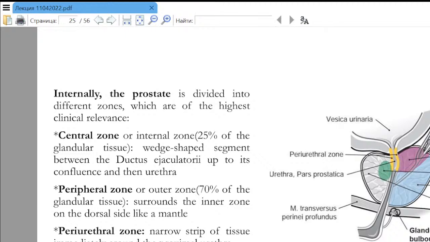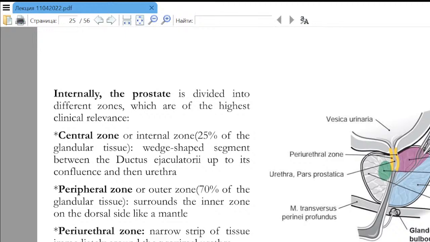Transition zone, on both sides lateral of the periurethral zone.